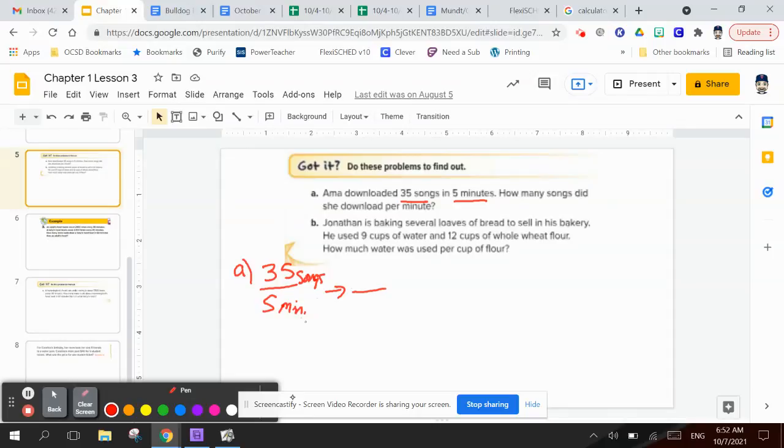For the unit rate, I want to divide by my denominator. So whatever I do to the denominator, I have to do to the numerator. 5 divided by 5 is 1. So in 1 minute, they can download 35 divided by 5, which is 7 songs.